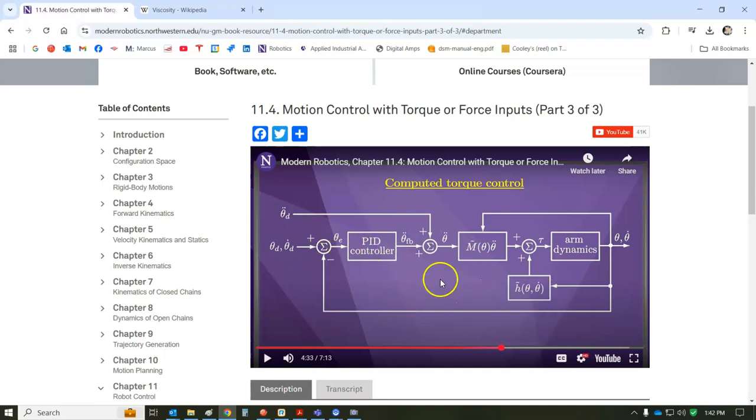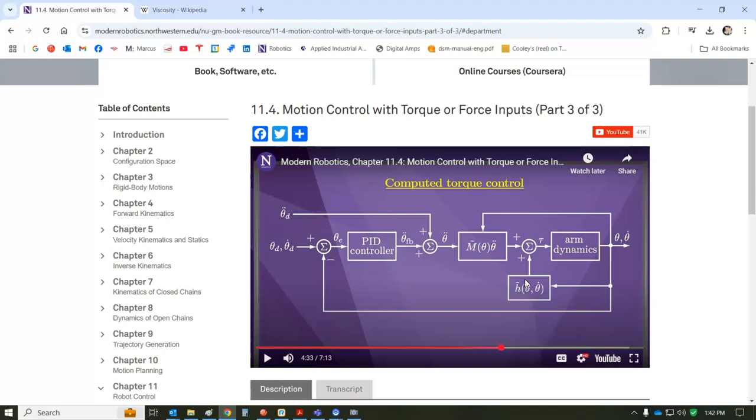So the angle and the rate of change of angle, the theta dot, it's the velocity, right? So there's viscous friction in the system, there's a constant times that, and it goes to the summing junction to produce a torque. And really, that's all we're trying to do, is tune the VcFF.